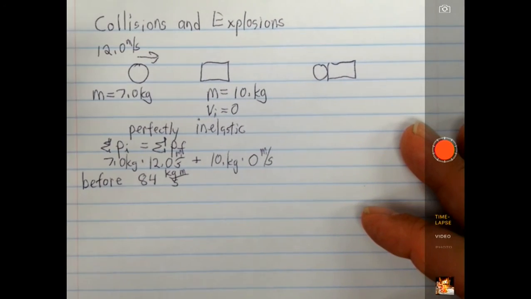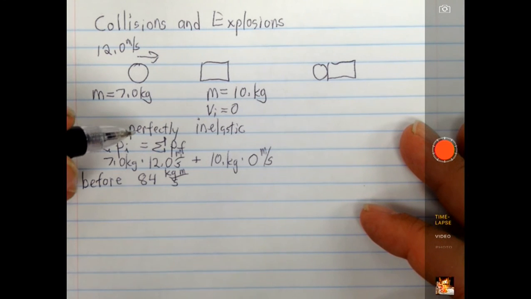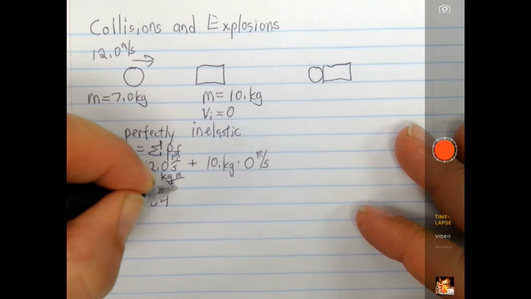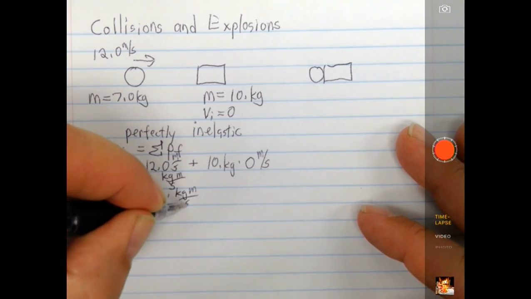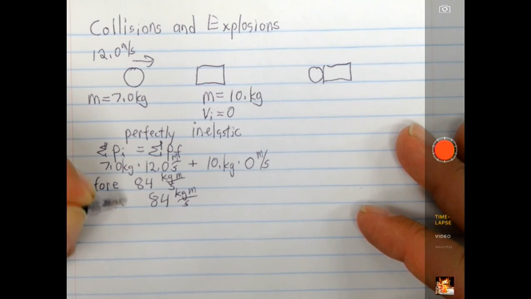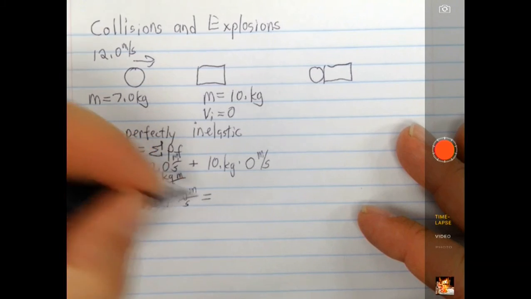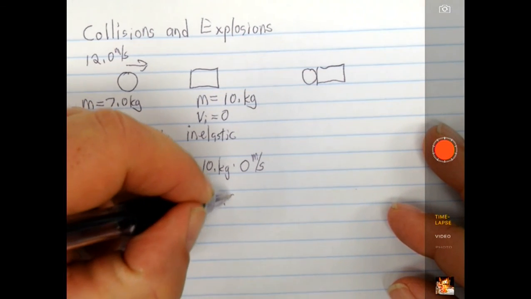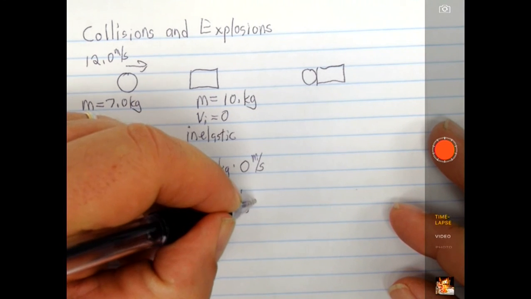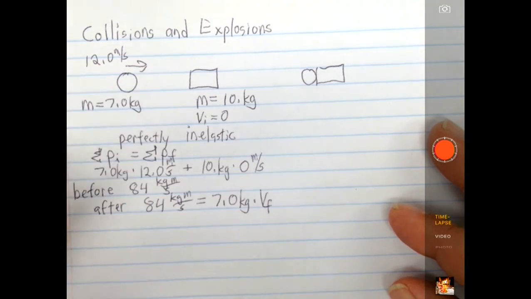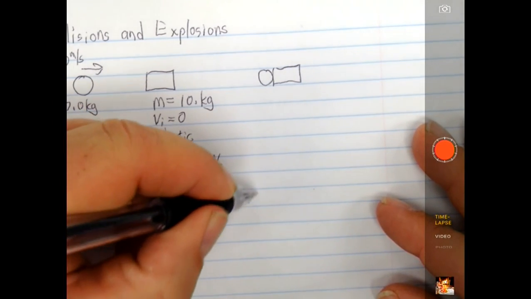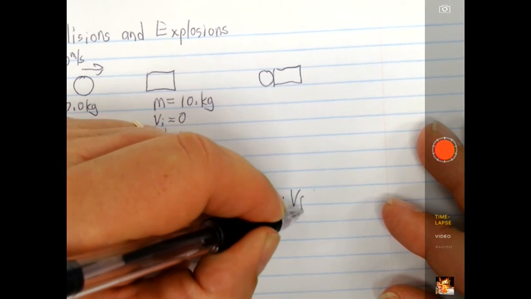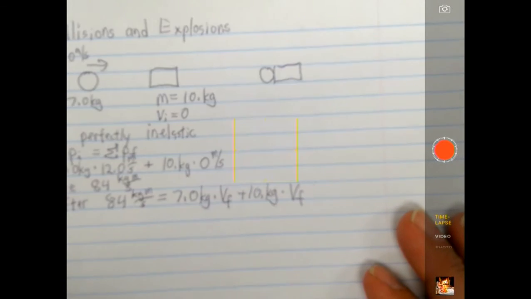Ha! And that means this 84 kilogram meters per second that they have afterwards is equal to the 7 kilograms times the unknown final speed plus the 10 kilograms times the same unknown final speed.